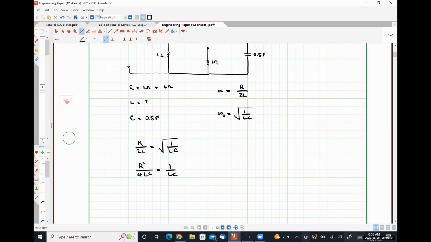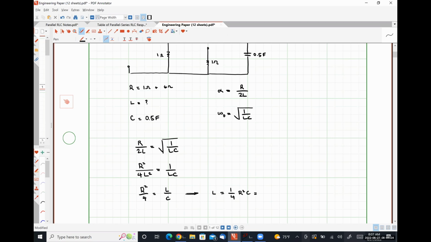I'm going to multiply both sides by L squared, which gives me R squared over 4 equals L squared over LC, which is L over C. And from here, if I multiply both sides by C, I find that my inductor value L needs to be 1/4 of R squared C in order to force our system to be critically damped.